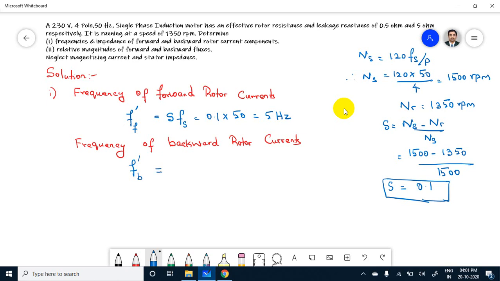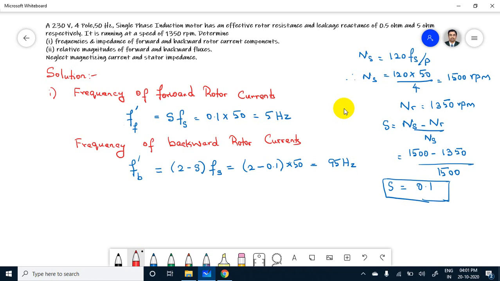Here in forward it is rotating with slip, yes. In backward it is 2 minus s. Instead of s I am substituting 2 minus s into fs, which is equal to 2 minus s, the value we already got, 0.1, into 50, you will get 95 hertz. Okay, 95 hertz.